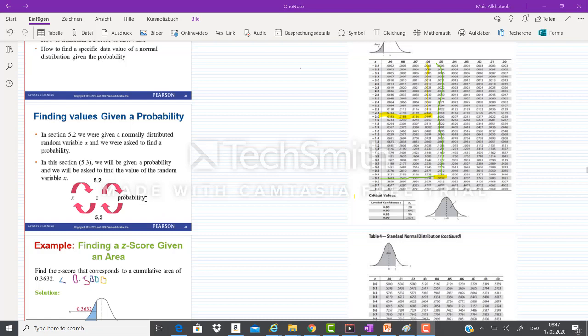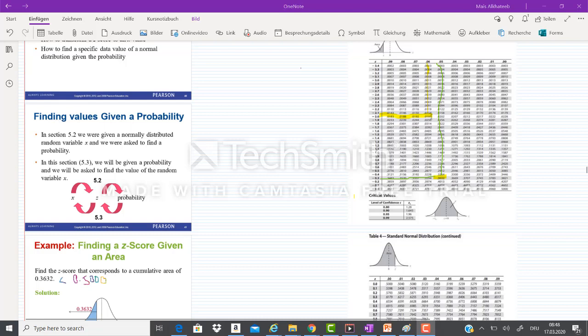Now we want to do the reverse, which means we start by probability. For example, the probability is 0.197.